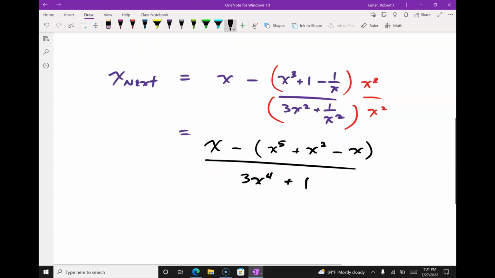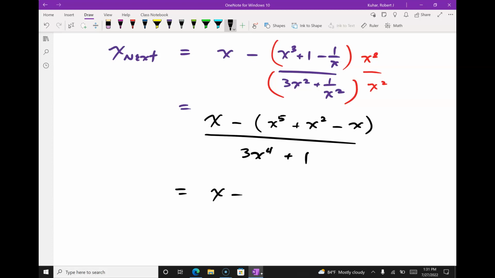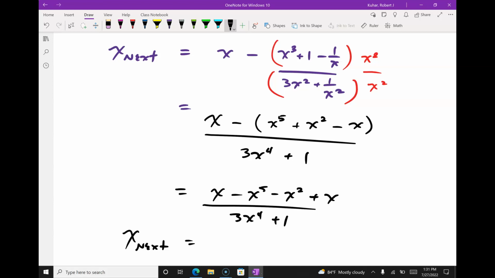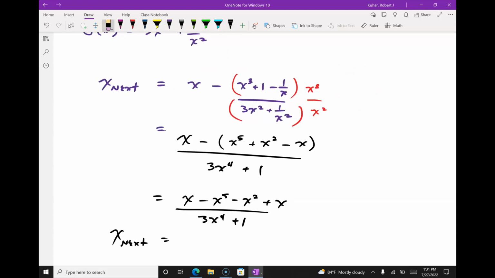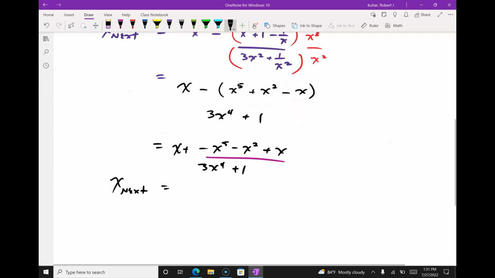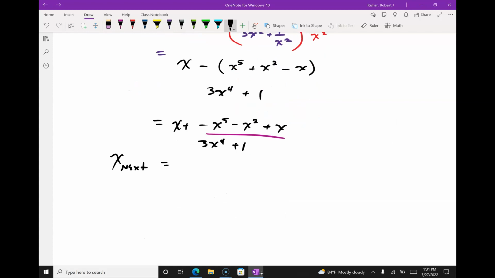Double check me, please. Oops, sorry. Made a mistake. That's just an x, right? Trying to get a single fraction.